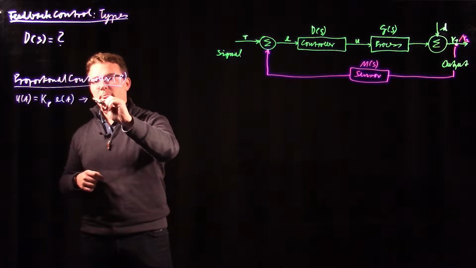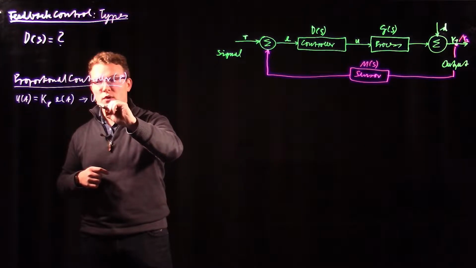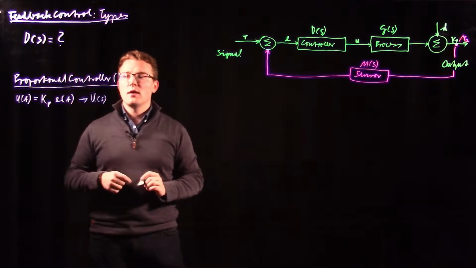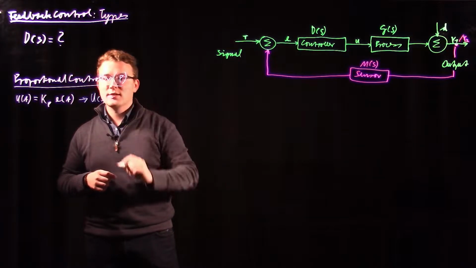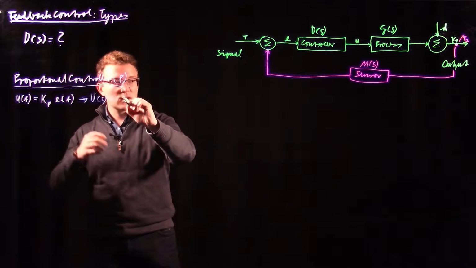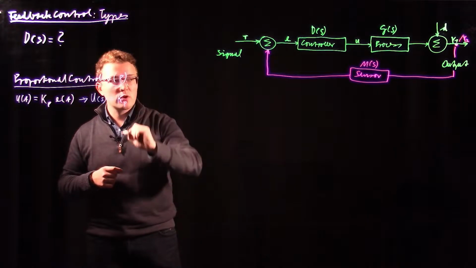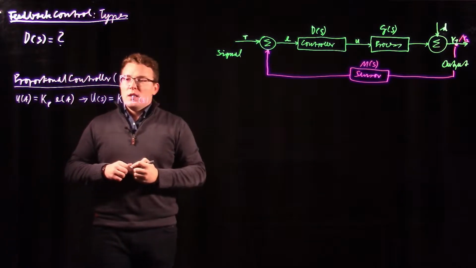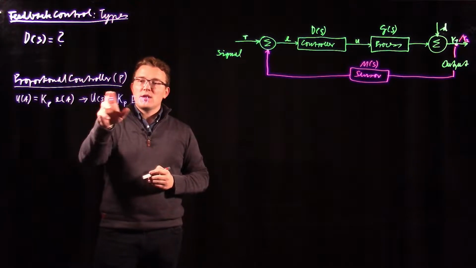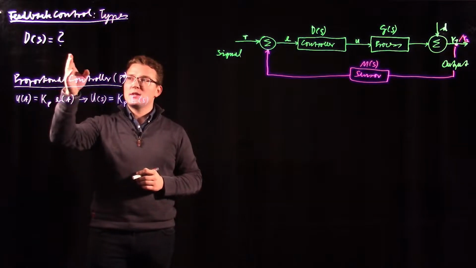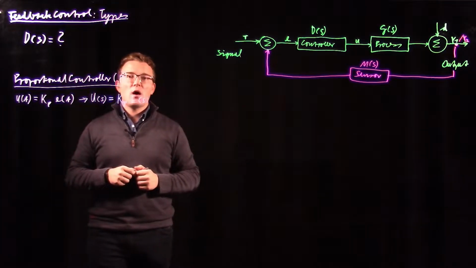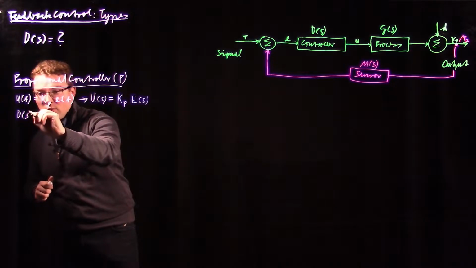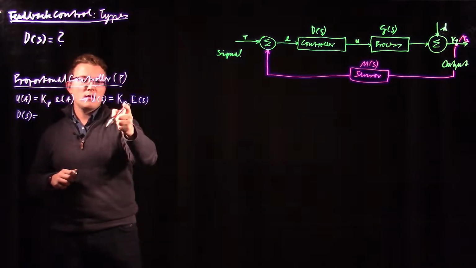The resulting equation will be a big U(s), because we transformed it from the time domain, equals the same Kp, the proportional factor of the controller, times big E(s). Here we can see that the answer to our question, what is D(s), the transfer function of our controller, is that D(s) equals Kp.